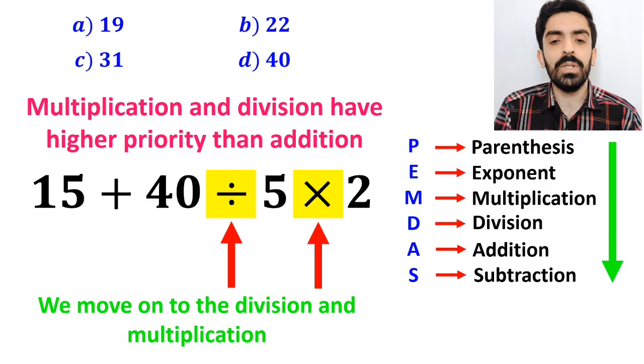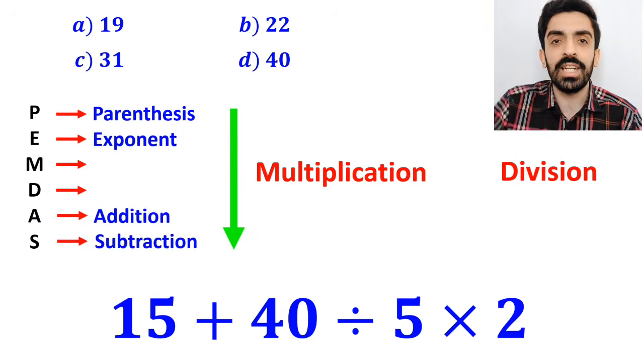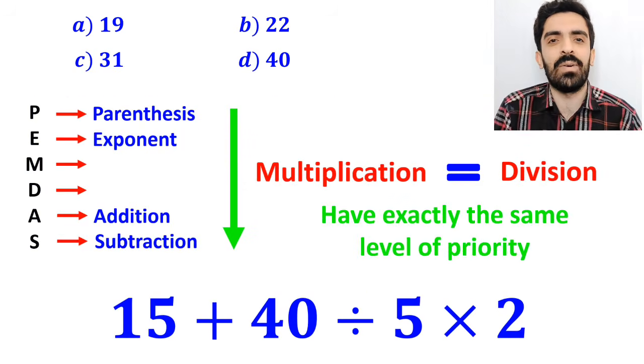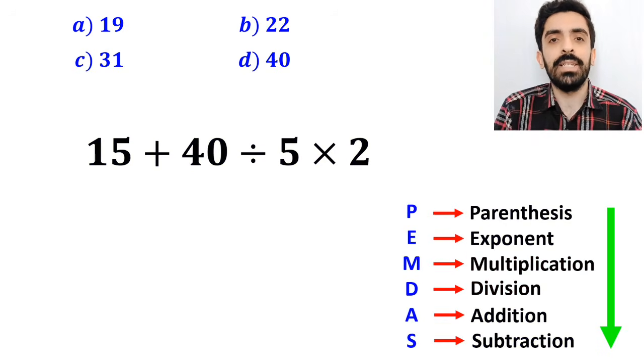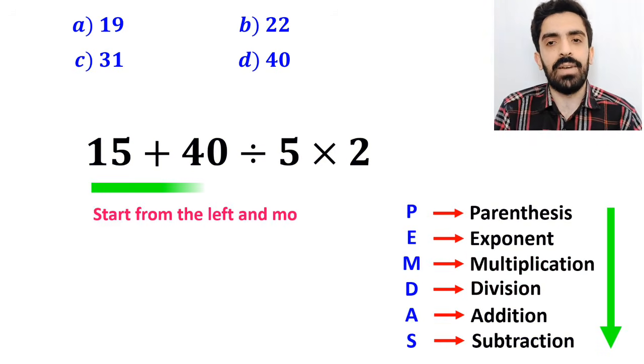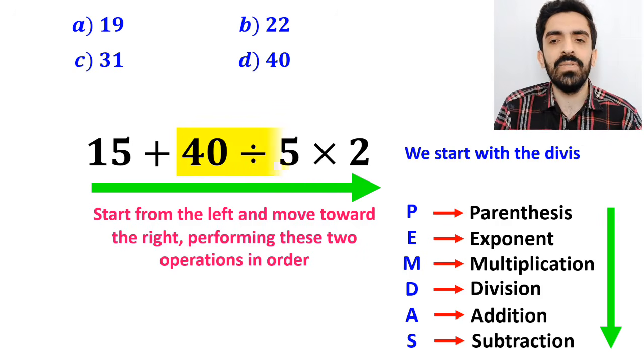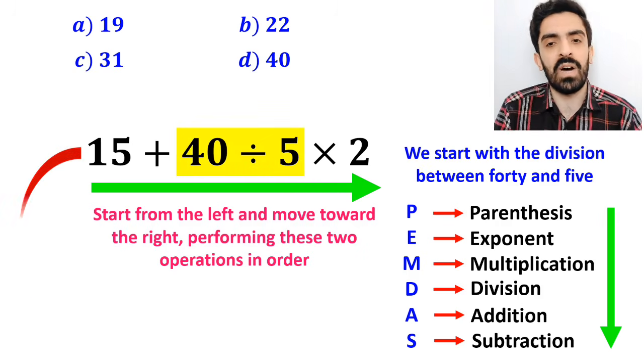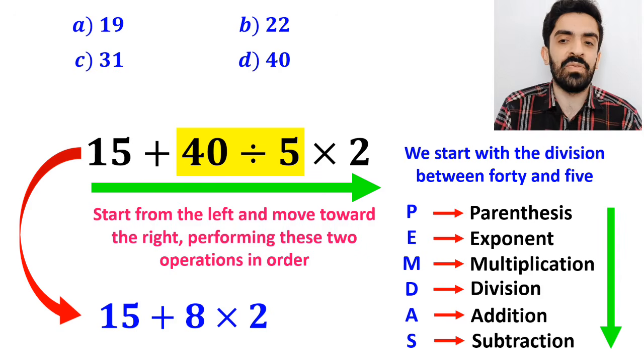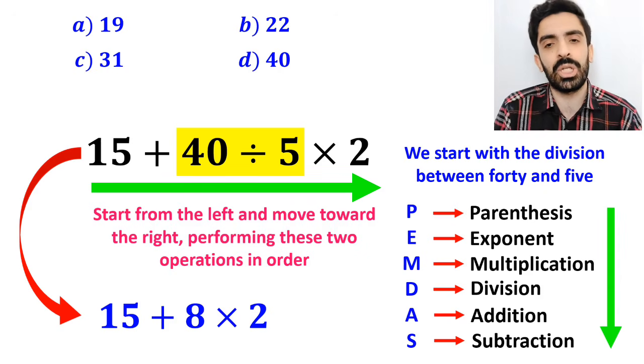However, it's very important to note that multiplication and division have exactly the same level of priority. In this situation, the best approach is to start from the left and move toward the right, performing these two operations in order. So, first we start with the division between 40 and 5, which simplifies this expression to 15 + 8 × 2.